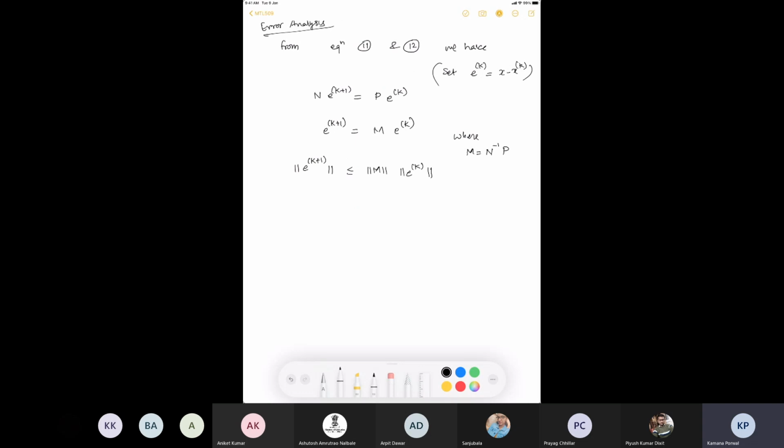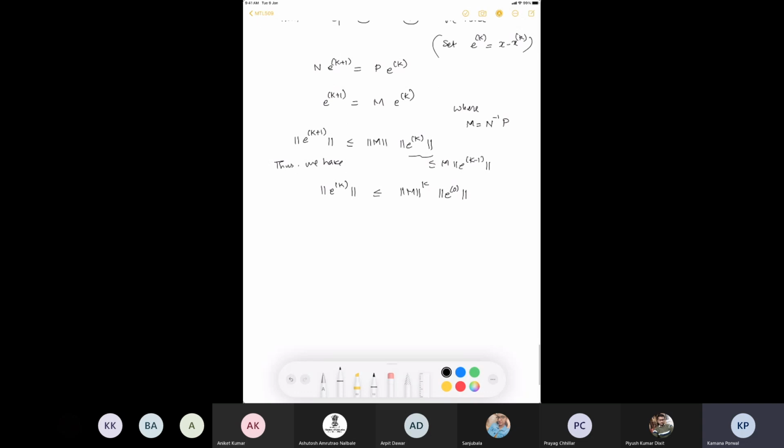And if you just repeat this process recursively, this is going to be less than or equal to M times norm of ek minus 1, and if you repeat this, we will get that the norm of Ek is less than or equal to norm of M raised to power k times norm of E0.